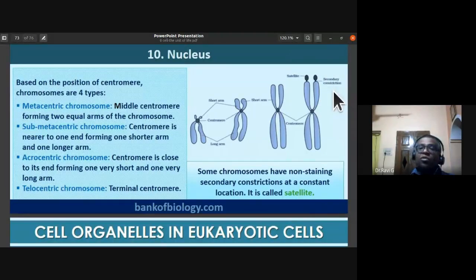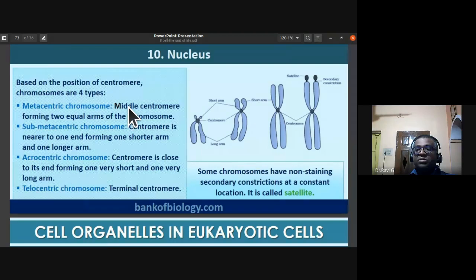Remember about it: chromosomes with satellite we call SAT chromosomes. So based on the position of the centromere, the chromosomes are of four types: metacentric chromosome, submetacentric chromosome, acrocentric chromosome, and telocentric chromosome.